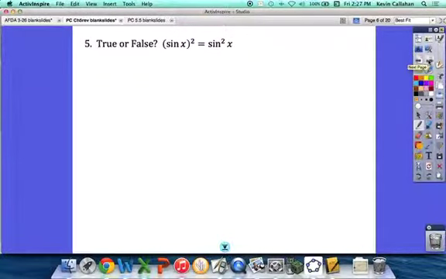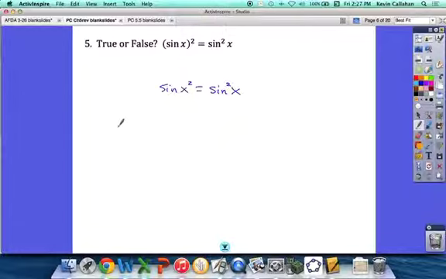Okay, and then the last one. True. I mean, it's true. That's just the convention to write it there, but it means sine x squared. In second block, this is the problem they got: sine x squared equals sine squared x. That's false. Well, it's got parentheses there.